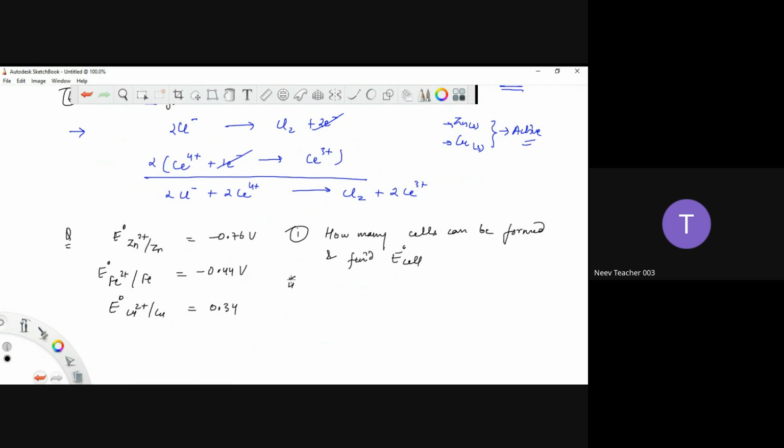That is the first part. Second, comment on and find the maximum E naught: which cell is going to make the maximum E naught and what it will be, and also the minimum E naught. Do it, and I need an answer this time.